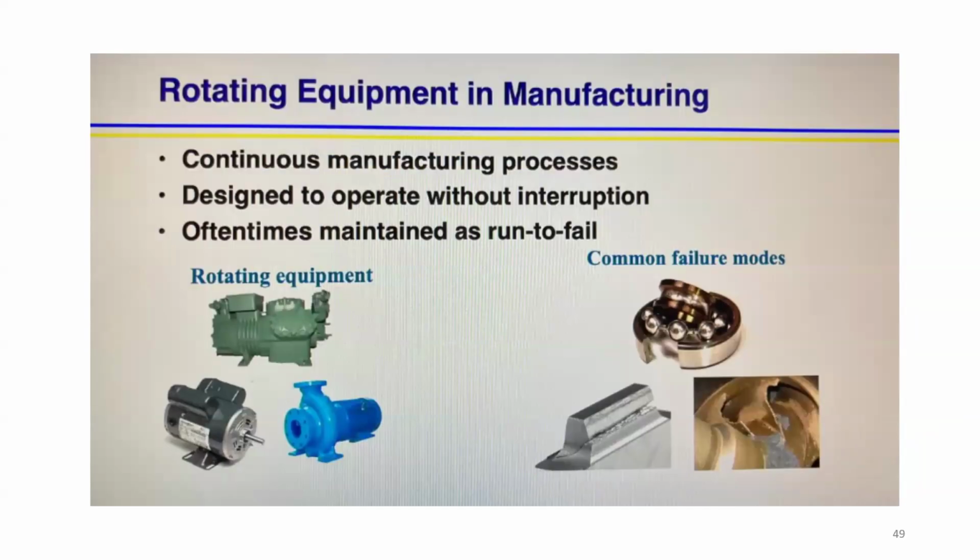Right. In this slide, we focus on rotating equipment. This is another very crucial aspect. Rotating equipment plays a crucial role in continuous industrial processes, and includes machines like pumps, motors, even compressors, and there is another thing called centrifugal systems.